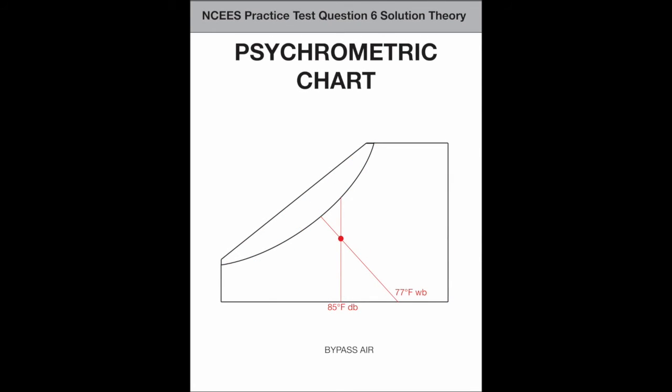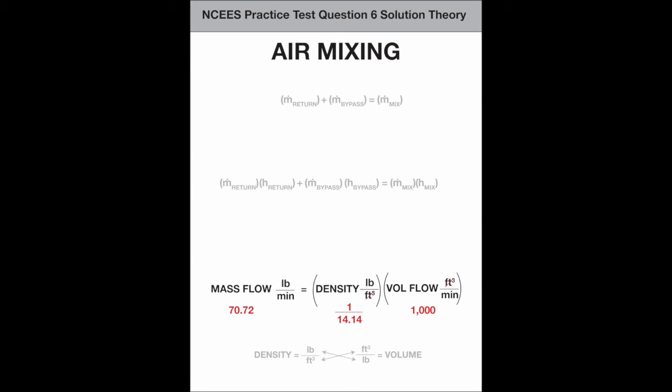Bypass air is 85 degrees dry bulb and 77 degrees wet bulb. At the intersection of those two, find roughly 14.14 cubic feet per pound and 40.6 BTU per pound. At 1,000 CFM, this is flowing at 70.72 pounds per minute.